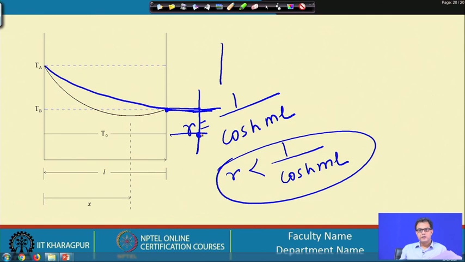So, is it making any kind of changes in the fin equations, or what does it physically mean? You will find that it is about the fluid flow configuration here.